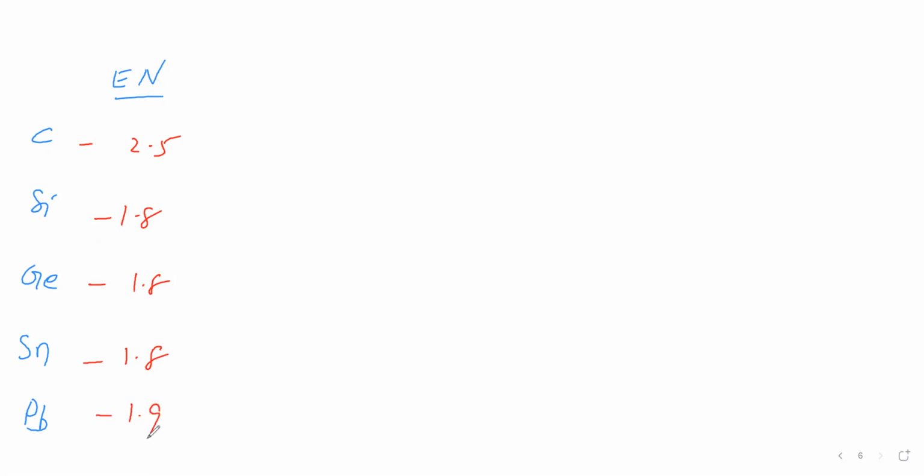See how electronegativity is. Carbon to silicon decreases, silicon, germanium, tin almost same, tin to lead increases by 0.1 because of 4f14. So we have to remember that carbon to silicon decreases, silicon to tin remains constant, tin to lead increases by 0.1.